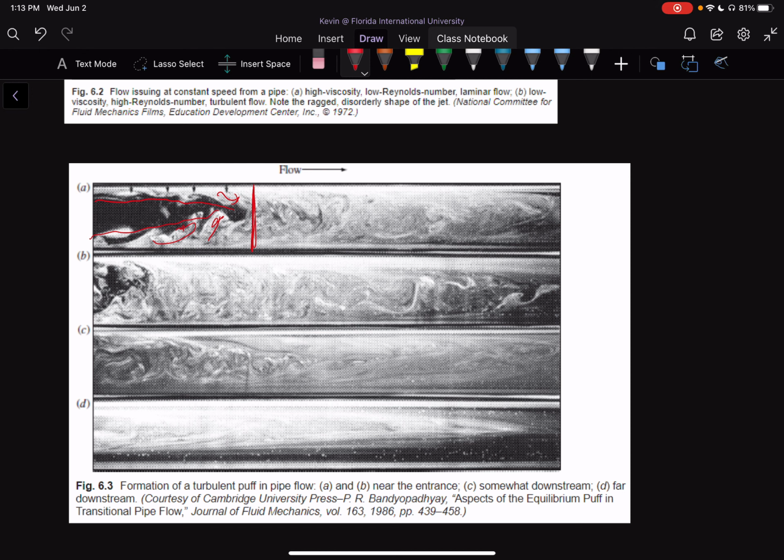So we can call this our transition region. The first region on the left, we can call transition. And then we reach a point where we start getting more and more turbulent flow. So this part is called turbulent.